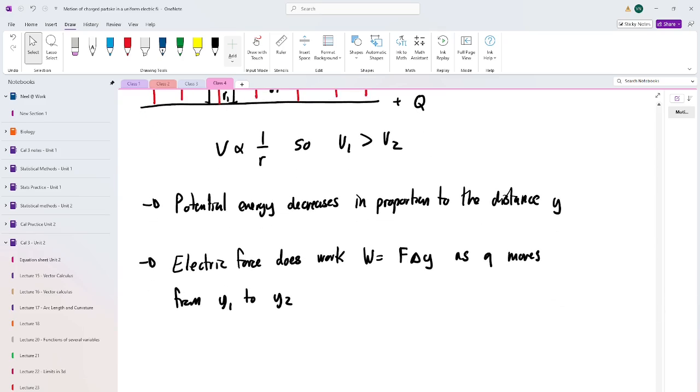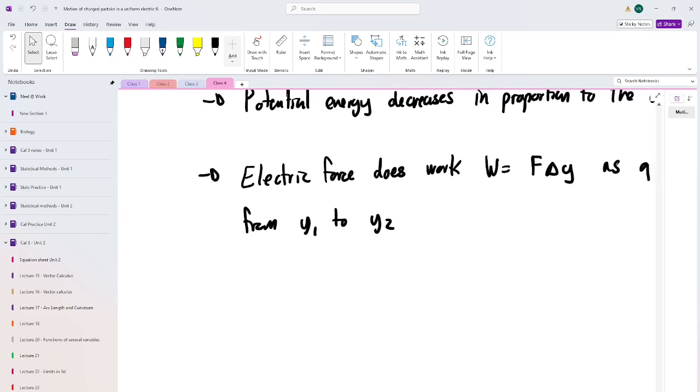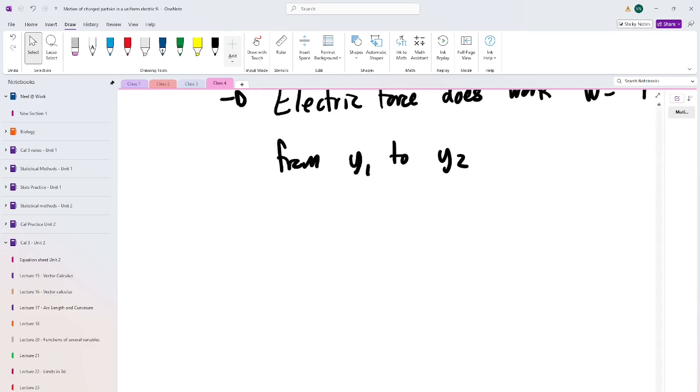Okay, and from this we can derive quite a few equations. We call the electric force that a static distribution of charges exerts on a point charge a conservative force. So the work, we can define and quantify as follows.